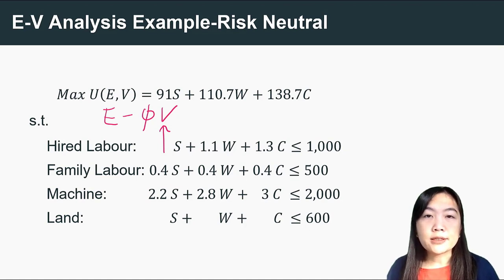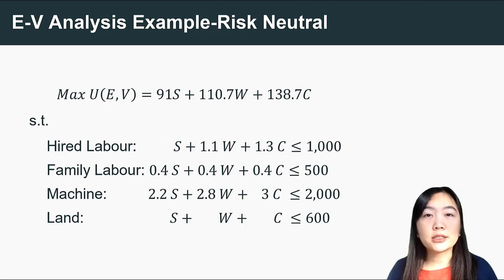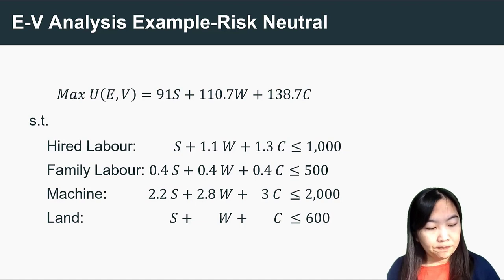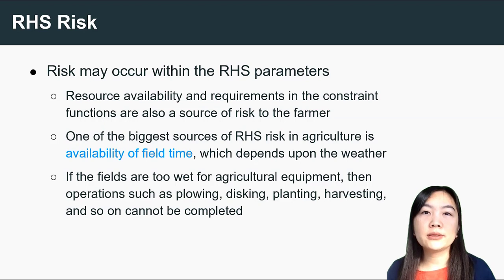So if there's uncertainty about the objective function coefficient, then we can do the EV analysis like what we did in the last lecture, and we can also generate the EV frontier. And that's how we deal with objective function coefficient risk.